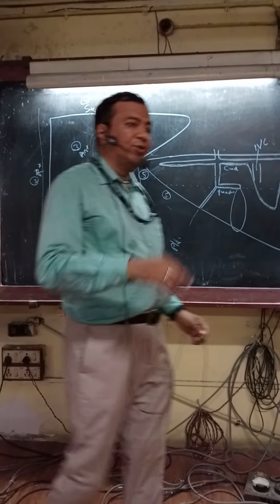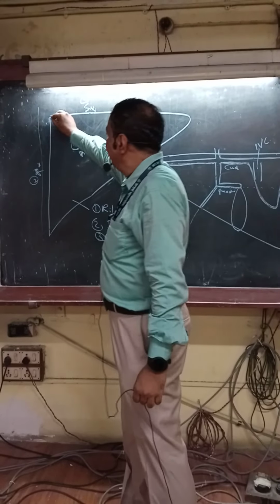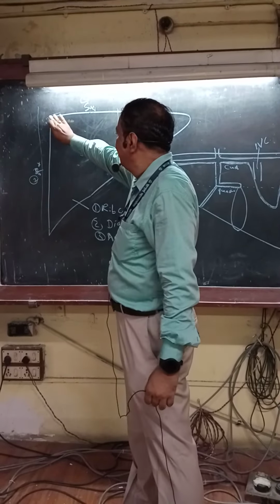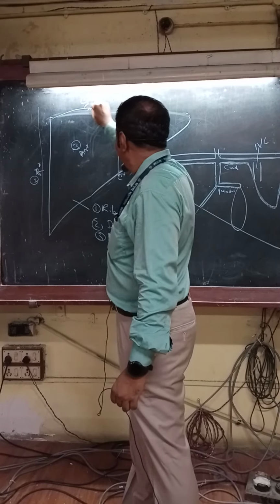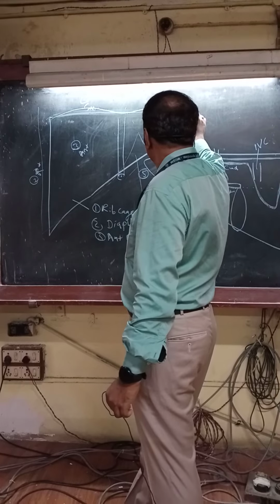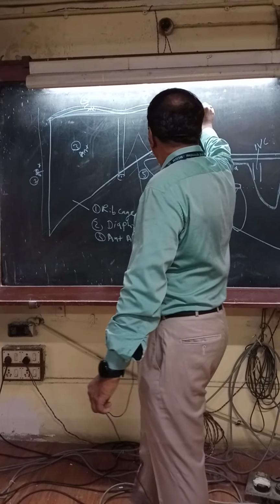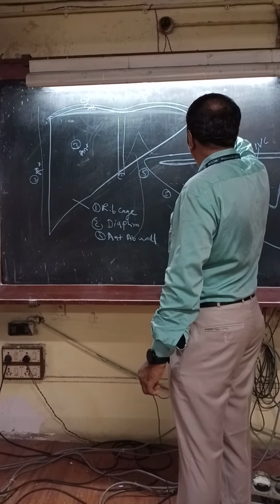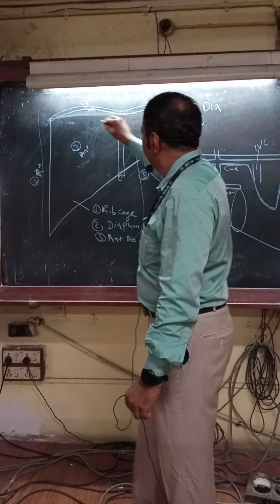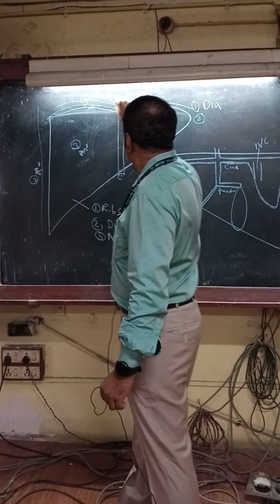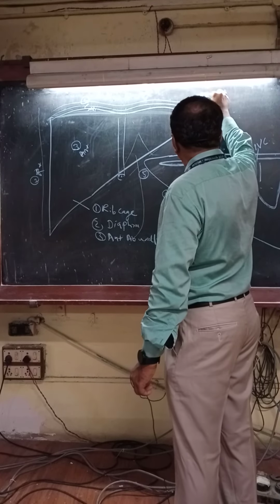Now I am going to talk about the three relations of the superior surface. The superior surface, because I had drawn it a little technically, but actually it is like this. It is related to one, diaphragm. Two, pleura and lungs.